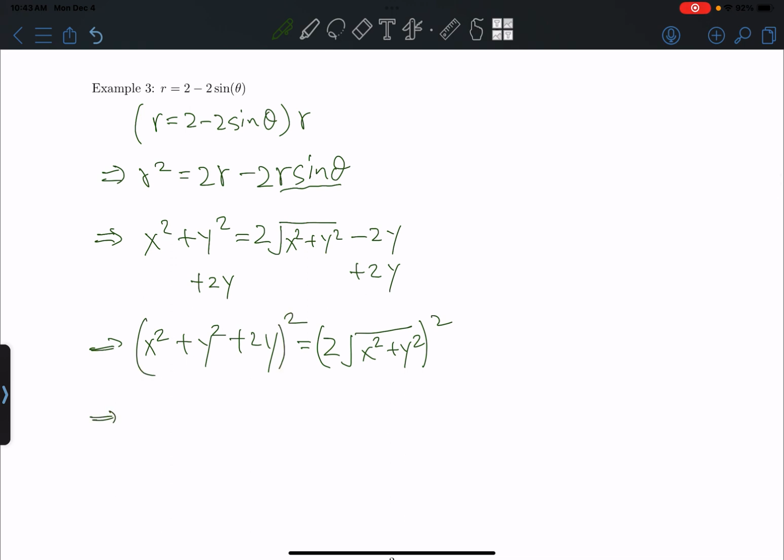What you typically have to do here is to FOIL out this 3-term polynomial, right? When you square, you're going to get a 9-term polynomial, and then you can combine like terms and all that good stuff. The good news here is you don't have to do that. You can just go ahead and leave it as x squared plus y squared plus 2y, squared.